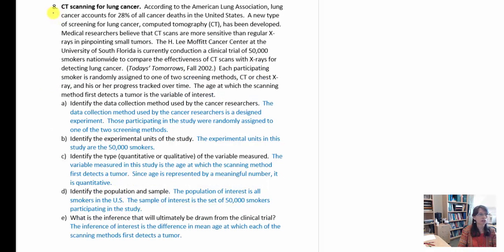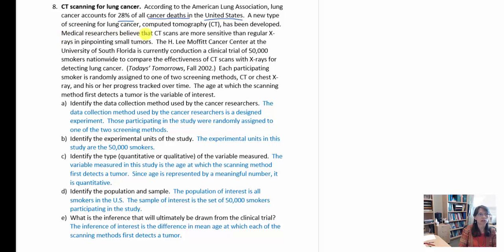And our last reference question deals with CT scanning for lung cancer. According to the American Lung Association, lung cancer accounts for 28% of all cancer deaths in the United States. A new type of screening for lung cancer, computed tomography, which is CT scanning, has been developed.